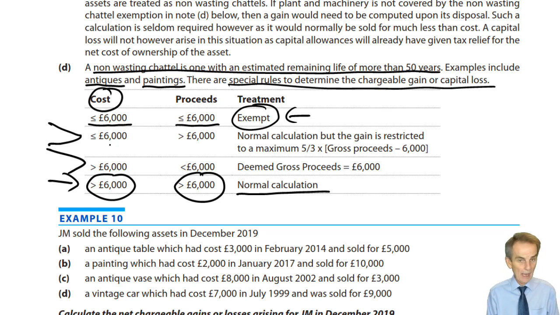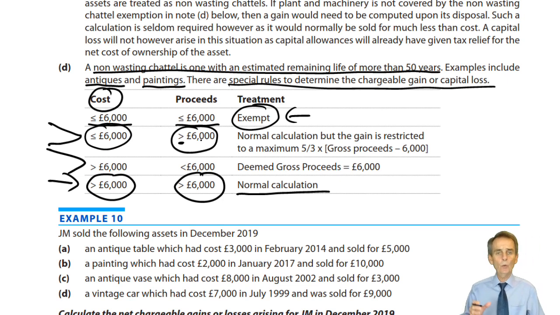Firstly, what happens where the cost does not exceed 6,000, it's 6,000 or less, but the proceeds exceed, they are more than 6,000? What you've now got to do is two gains calculations. Clearly there's going to be a gain because you bought for less than 6 and sell for more than 6.